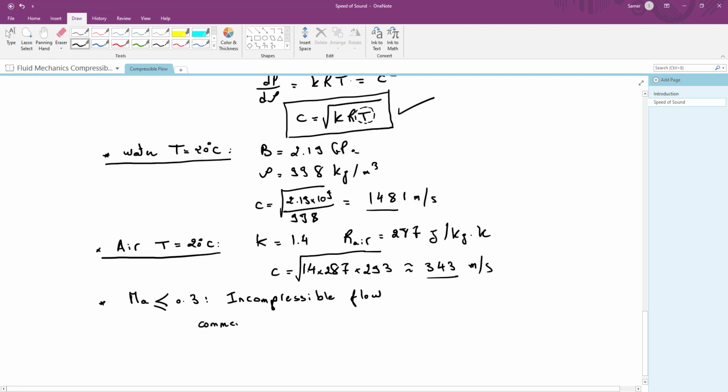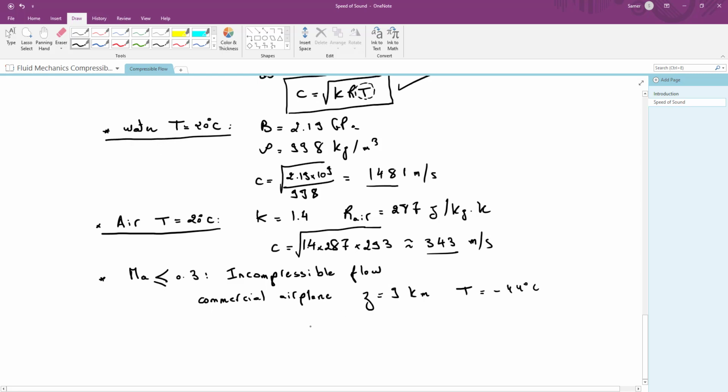So let's talk about a commercial airplane flying at an altitude of 9 kilometers, where the temperature of air is minus 44 degrees Celsius.